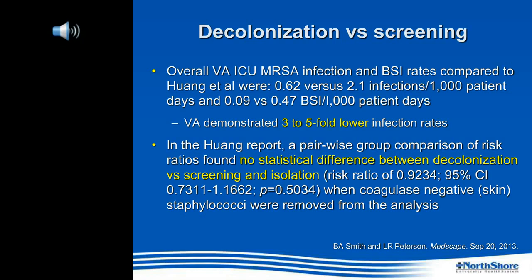Comparing the VA data, you can see that if you look at the final outcome, the VA has actually 3 to 5 fold lower MRSA infection rates and bloodstream infection rates than was reported in this paper, looking at universal decolonization.